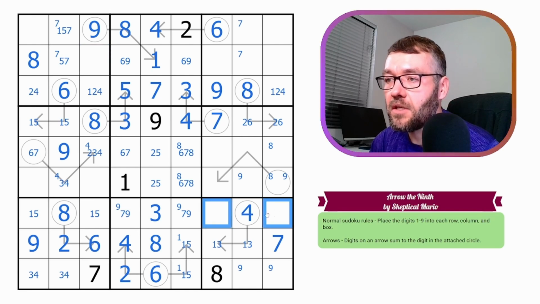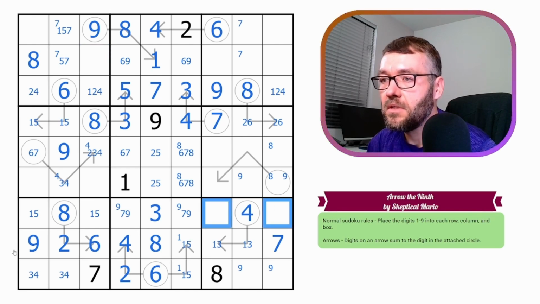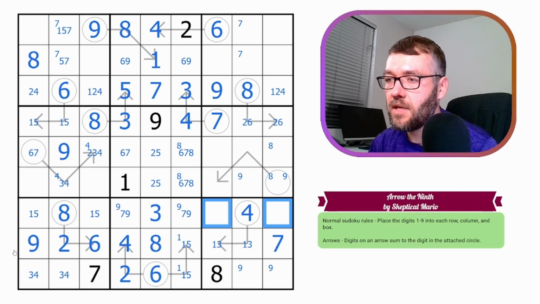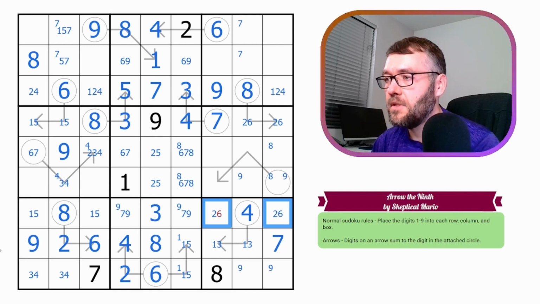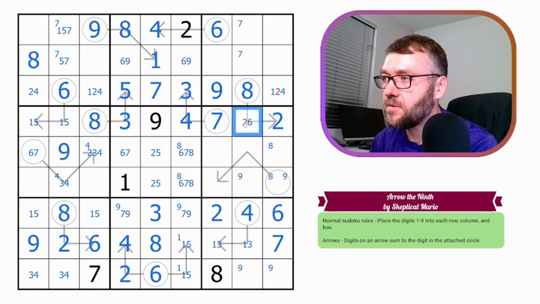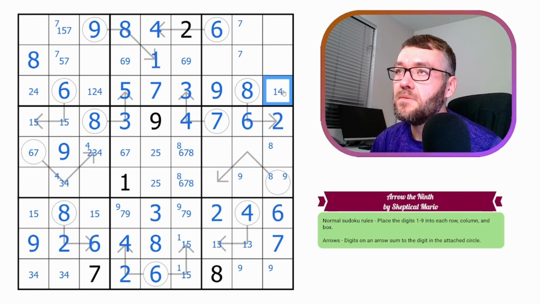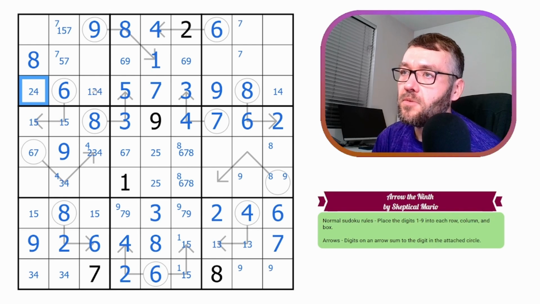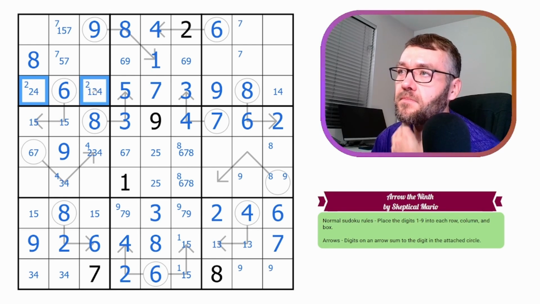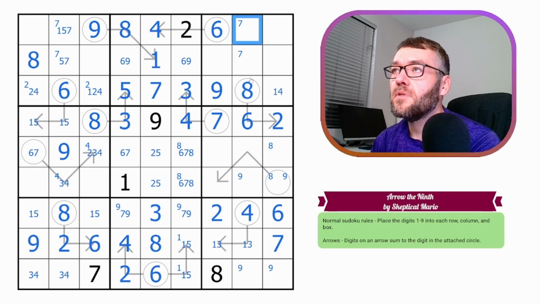This is a pair over here now. This is a 3, 6. No, it's not a 3, 6. We have a 3. It's 2, 6. And this is a 2 and this is a 6, which makes this a 2 and a 6. This can no longer be a 2. Which puts a 2 in one of these 2 boxes. Which puts a 2 right here for this row. No, we have a 2.